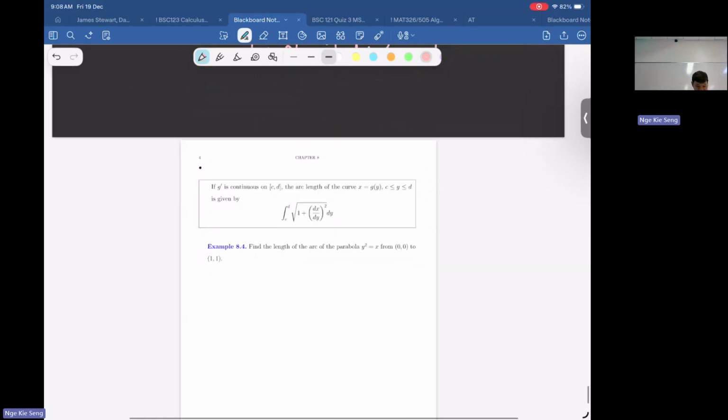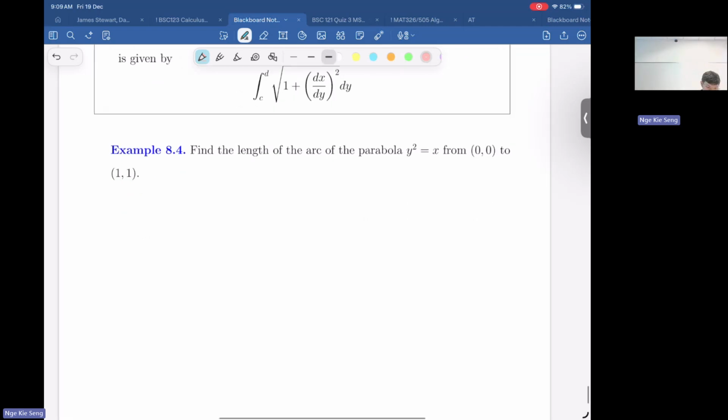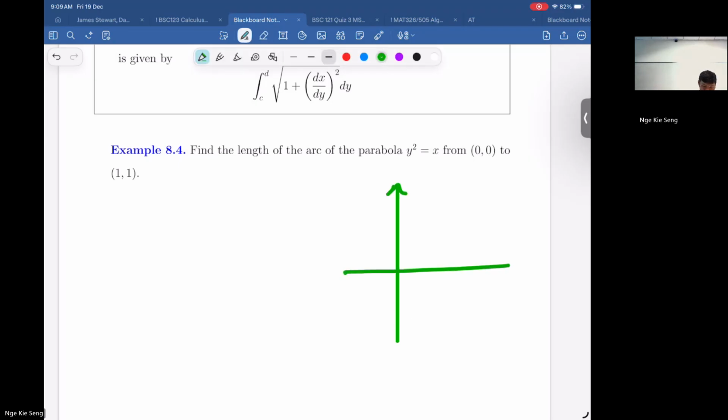Okay, so let's look at some examples here. Let's find the length of the arc of the parabola y squared equals x from (0, 0) to (1, 1).